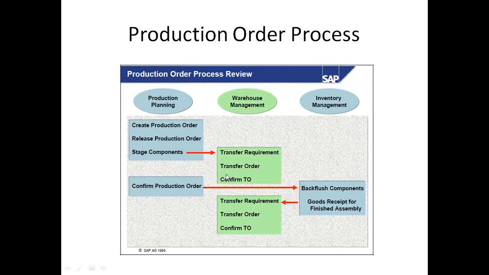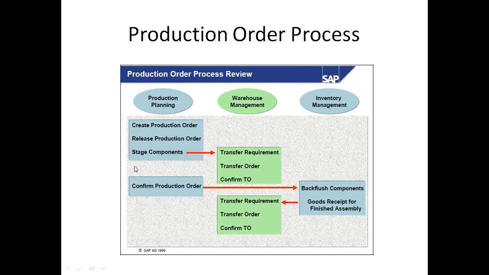As soon as we confirm it, the system will pick up the warehouse stock and keep it in a staging area. In standard, we have 100 as a staging area. It will keep that in storage type 100.